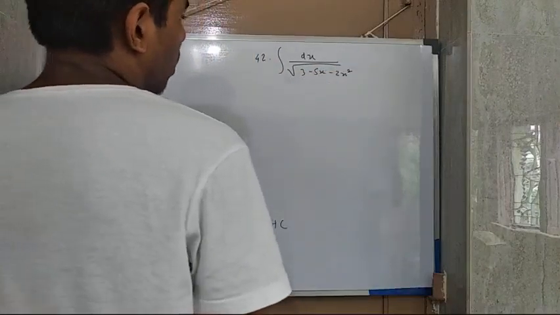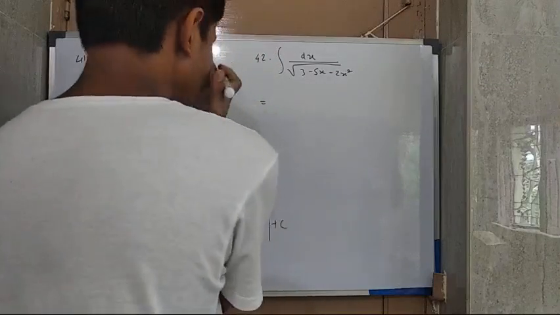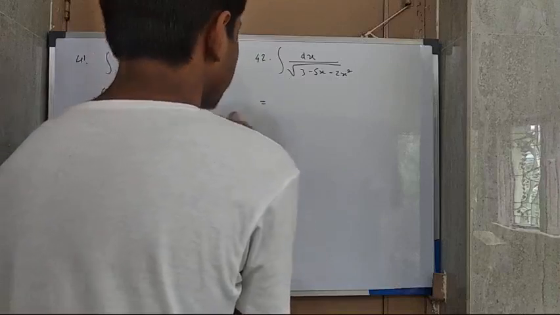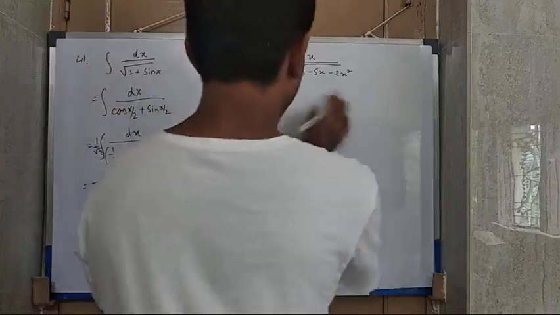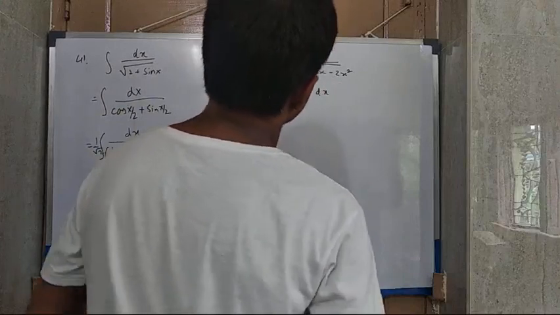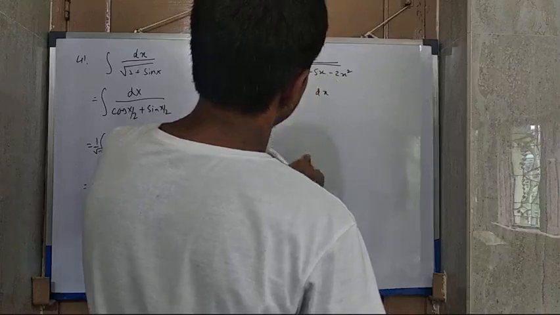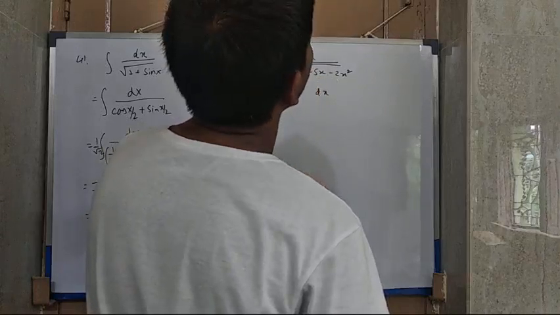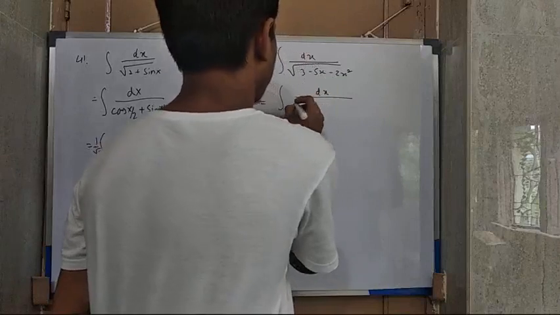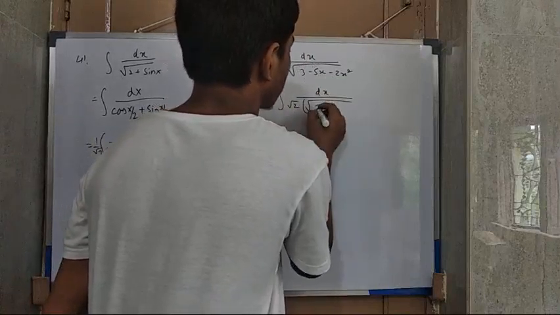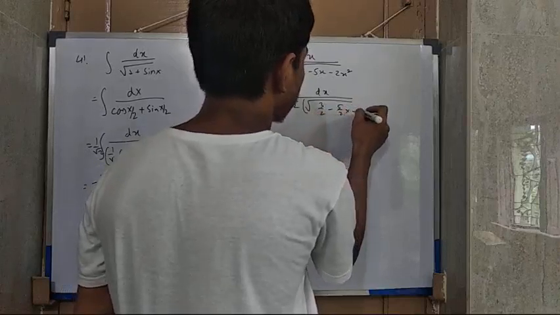Okay, so what now? Let's do it in a very lean manner, which is root under 3 by 2 minus 5 by 2 x minus x squared.